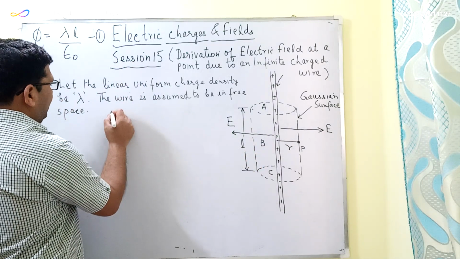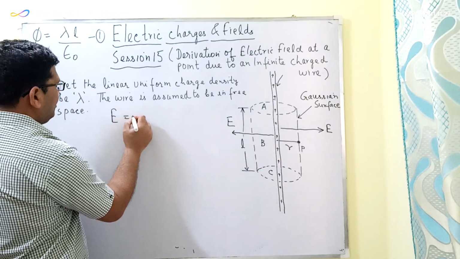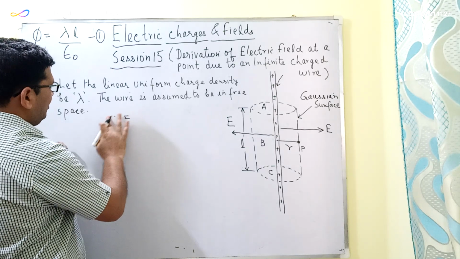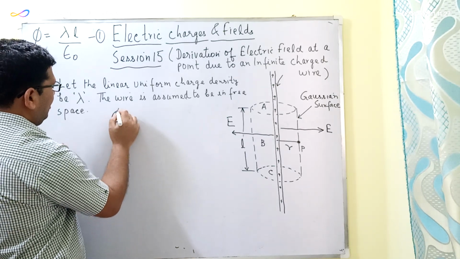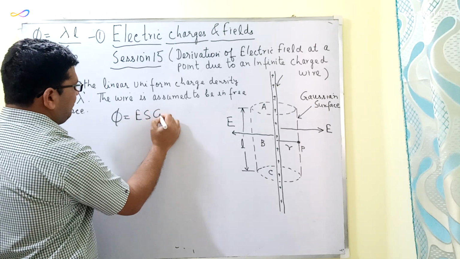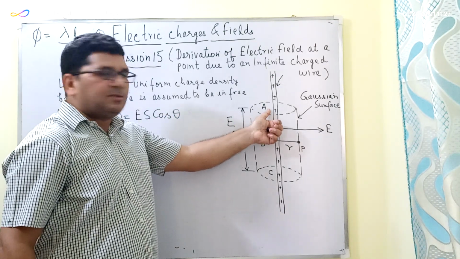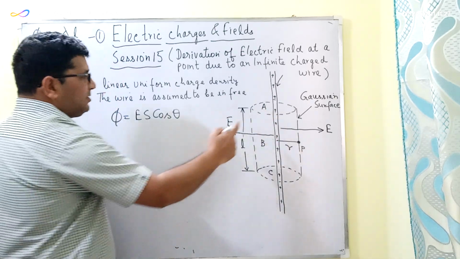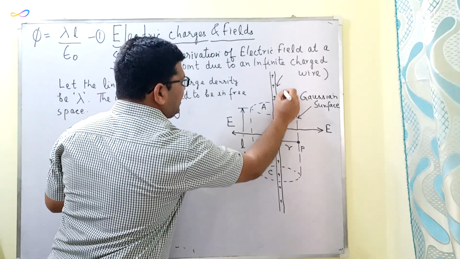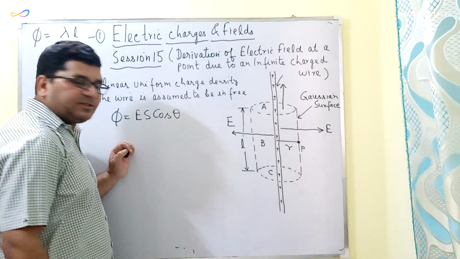Now, flux is equal to E S cos theta. So the flux through this surface A will be 0, because here the normal to this surface is pointing in the upward direction.